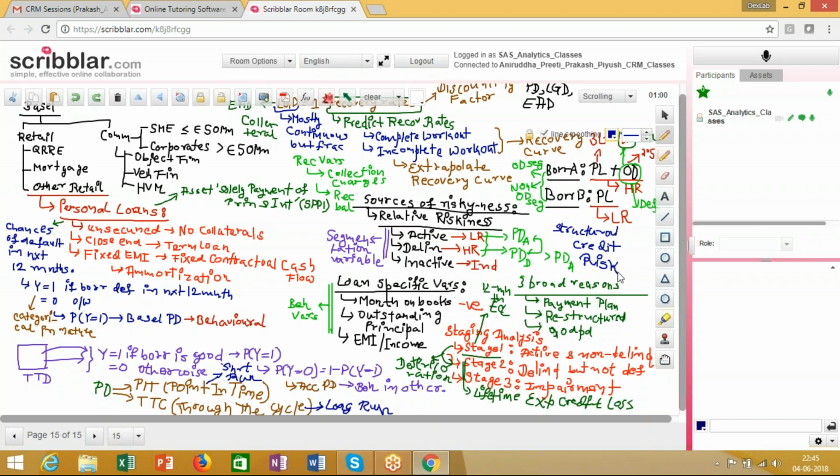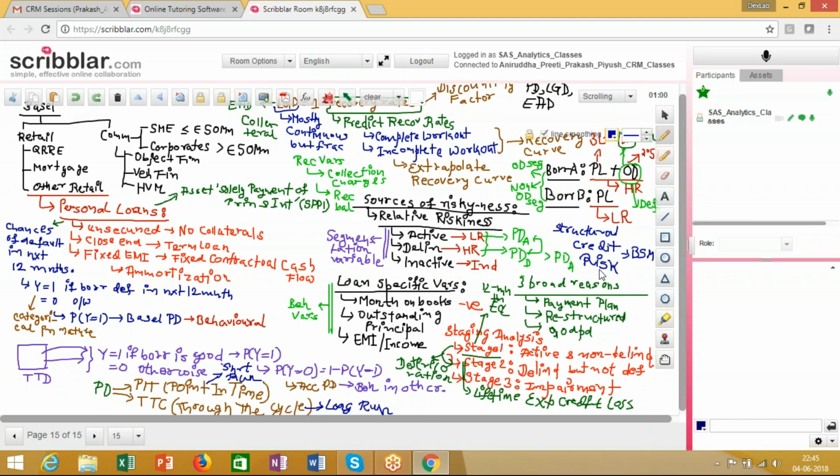The very base of the structural credit risk model is the Black-Scholes-Merton model, or as we call it, the BSM model. And it is this model which plays a very important role in defining the probability of default.